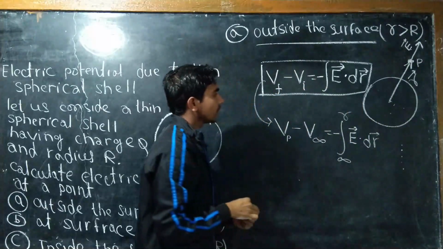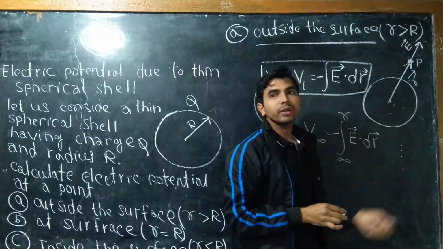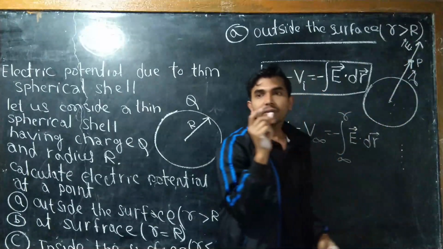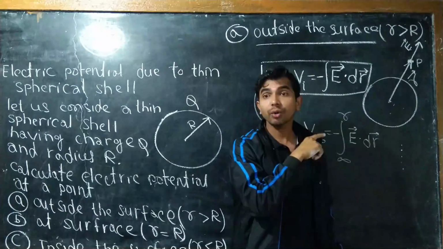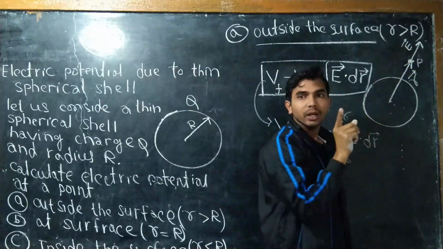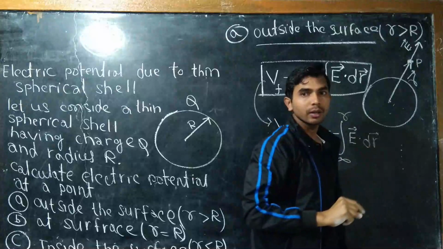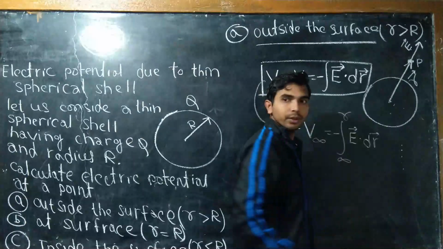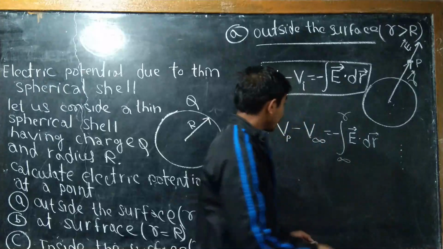Now you can see the electric field as well as dr are along the same direction. r is along this direction, and dr, a small change in r, also comes along the direction of r, so the angle between them is 0.